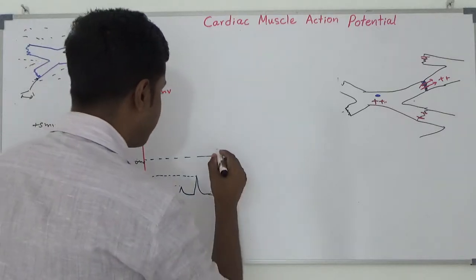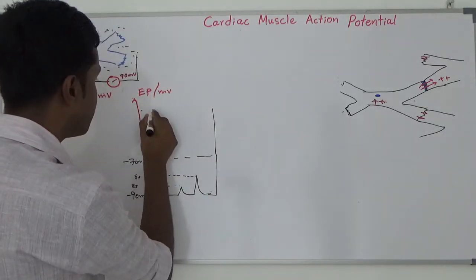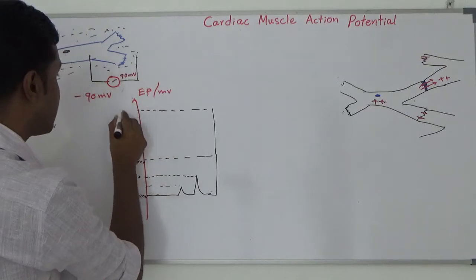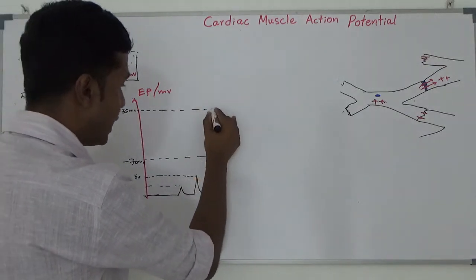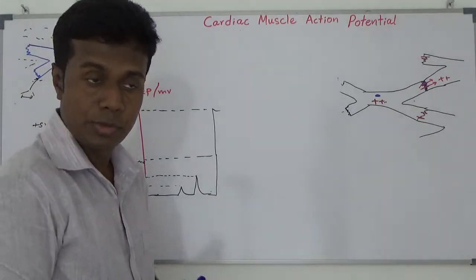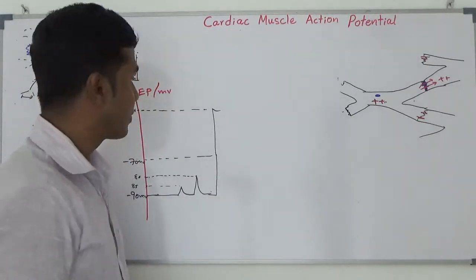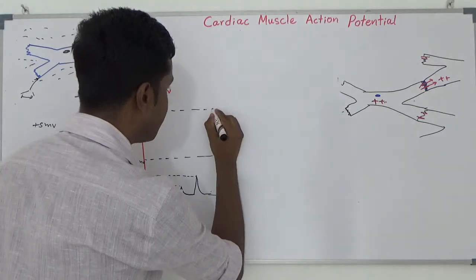Suddenly I noted that the electrical potential went up to plus 35 millivolt. Later on I noted, because I am not looking at that cell, because previous to that nothing happened. After that, what happened is it suddenly reduced a little bit.